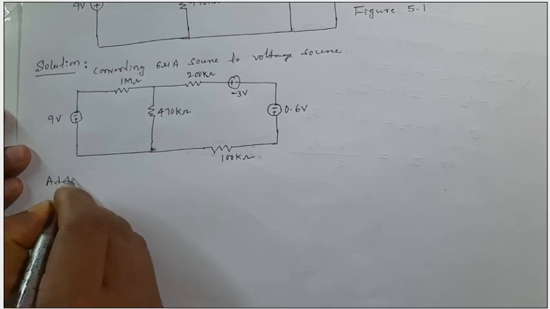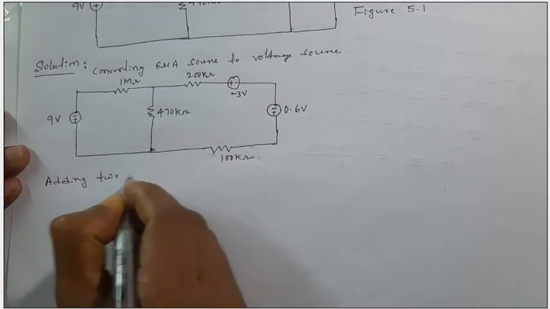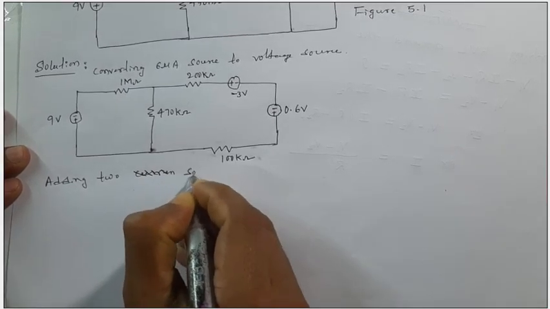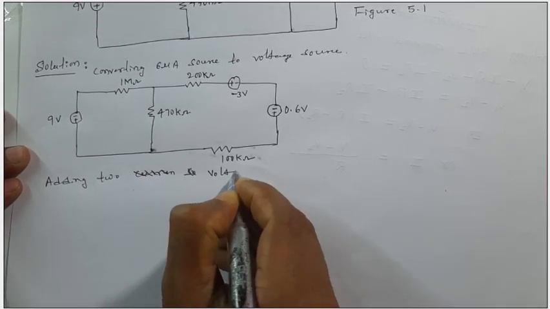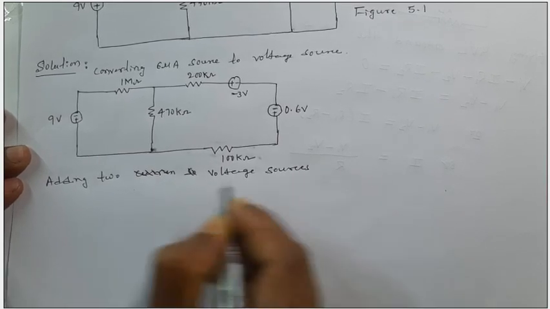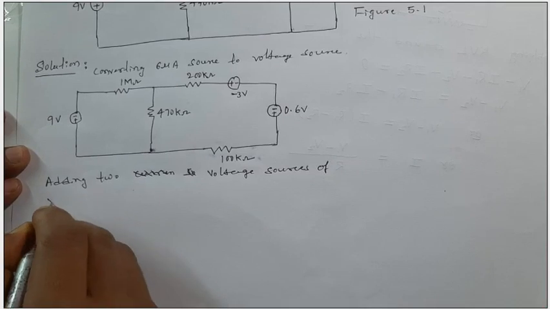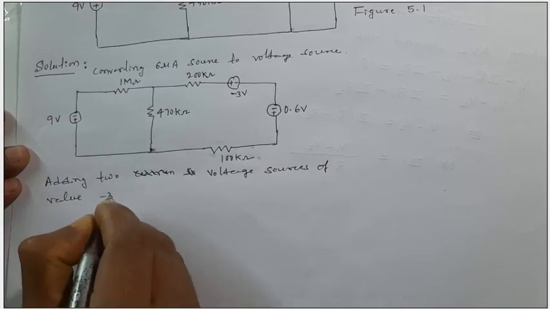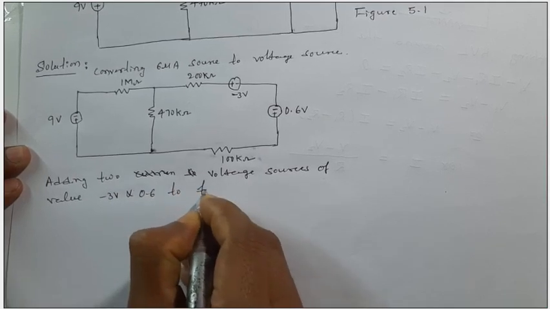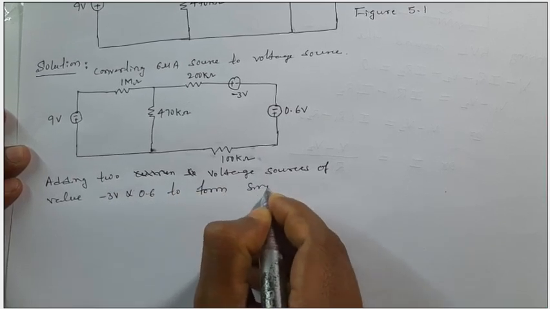Adding two voltage sources of value, one is minus 3 volts and another one is 0.6, to form a single source.